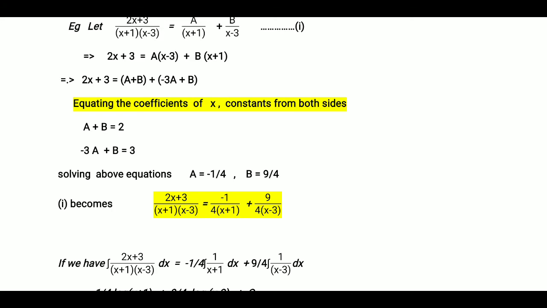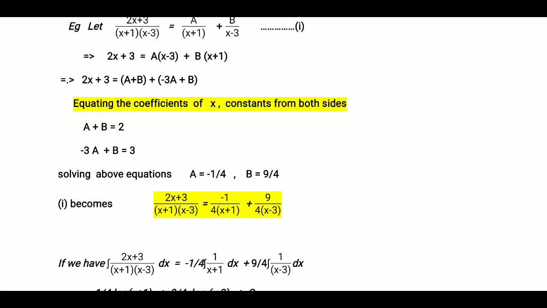So you see here some misprint. It is (A + B) within bracket into x, and then the other part, plus (−3A + B). So equating both, A + B is equal to 2, and −3A + B is equal to 3.